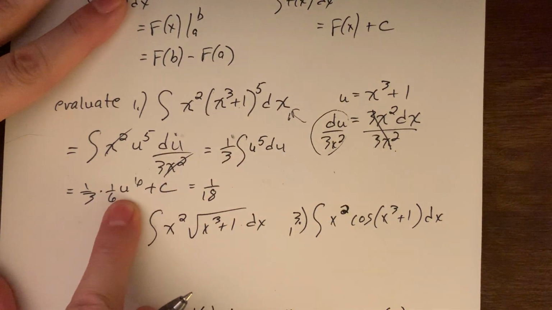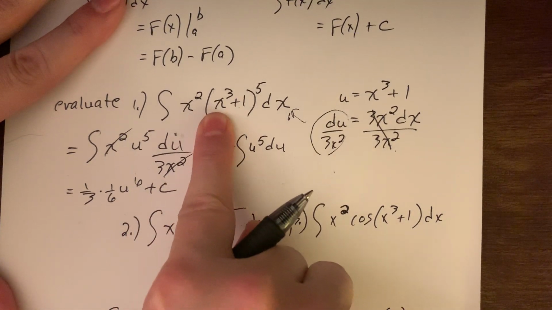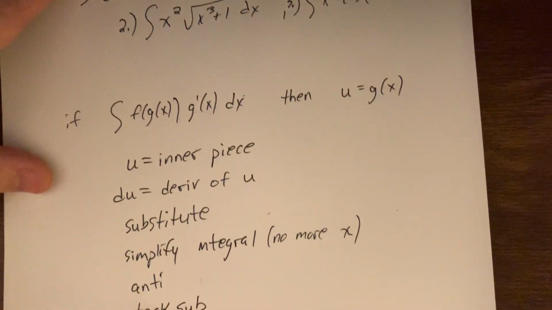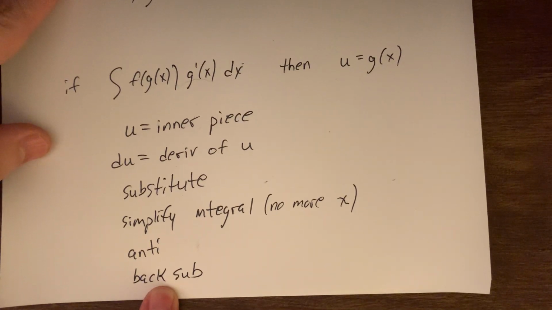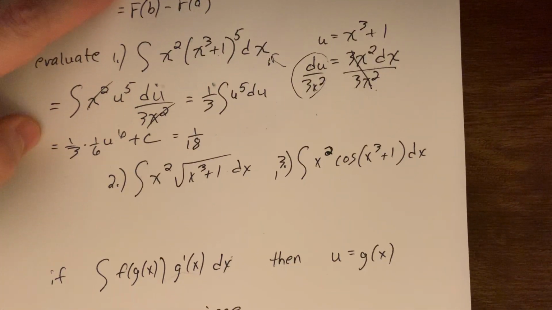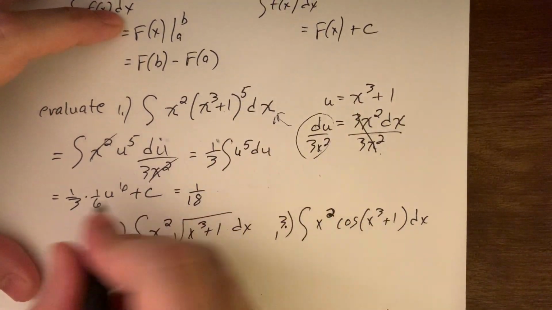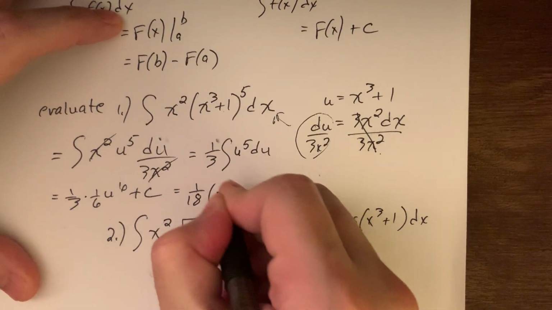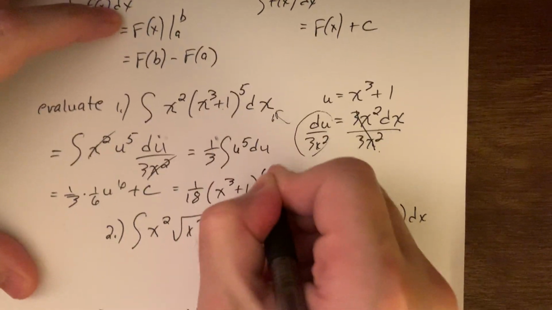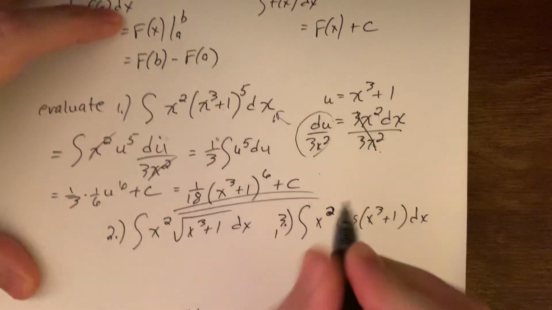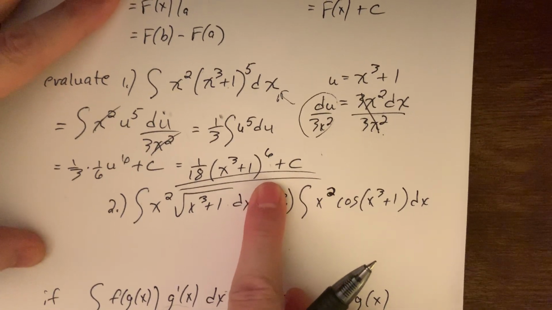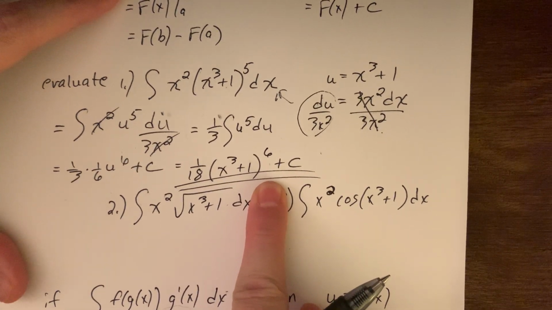But now my antiderivative is in terms of u, but the original problem was in terms of x. That's where we have to back sub to finish this problem. And all I do to back sub, in place of u to the 6th, what was u? So this became 1/18 x cubed plus 1 to the 6th power plus c. That is my final answer.